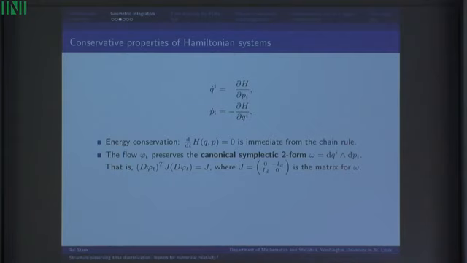Another way of seeing what it means for the flow to preserve this is that the Jacobian is a symplectic matrix, in the sense that if I conjugate this matrix J, which corresponds to this bilinear form, by the Jacobian, I get back J itself. So J is preserved by this flow.